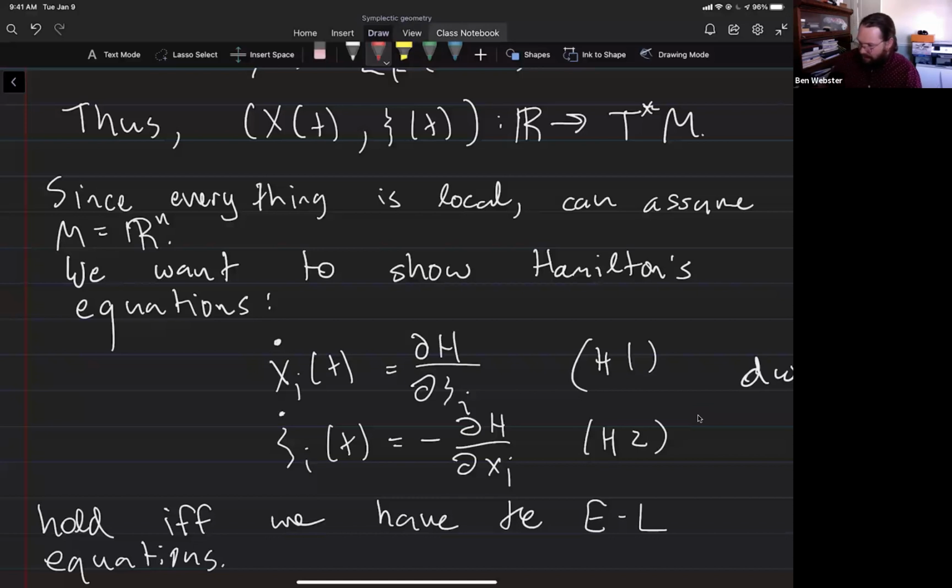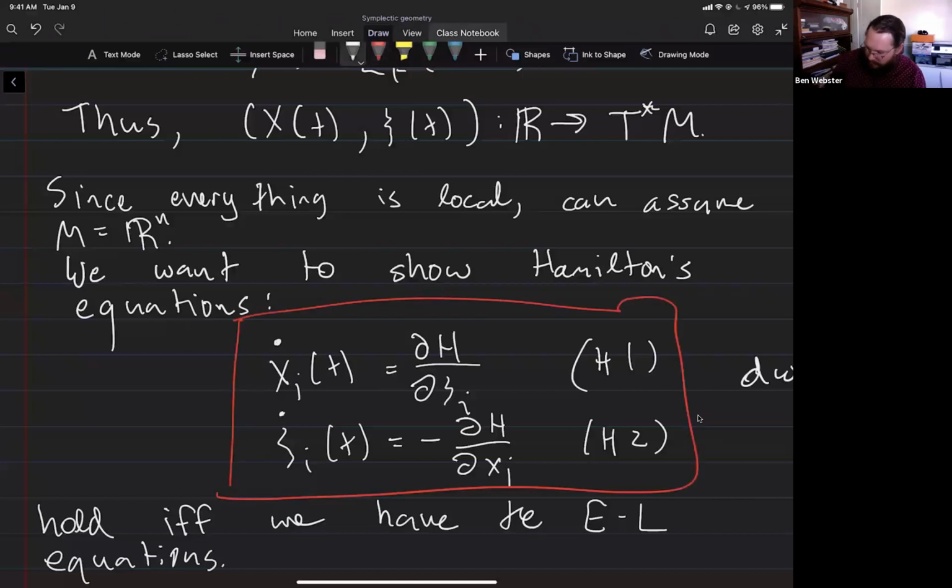So secretly, these equations determine the symplectic form.